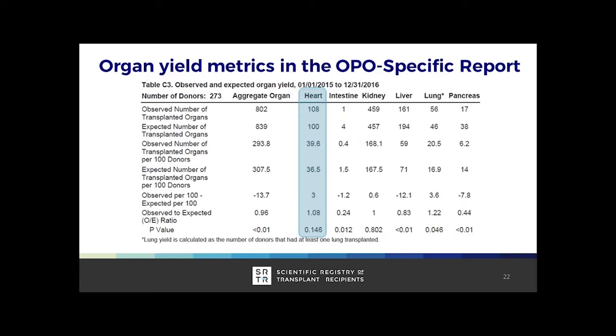But they will review the heart, the kidney, the liver, the lung yield, and the pancreas yield as well. And the leftmost column where it says aggregate organ, this is simply the summation of the other organs. In other words, if you got 4 out of 7 organs transplanted or such, that's just the total sum of organs transplanted in aggregate for the donor.